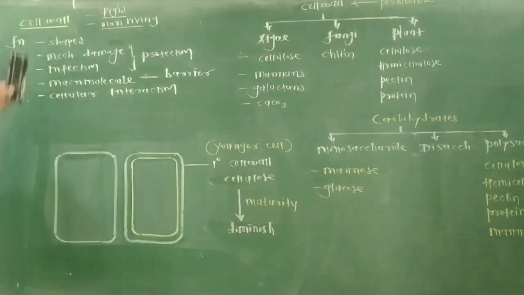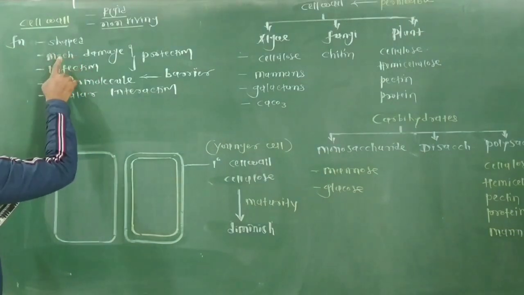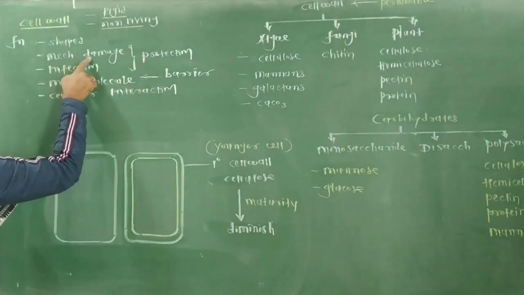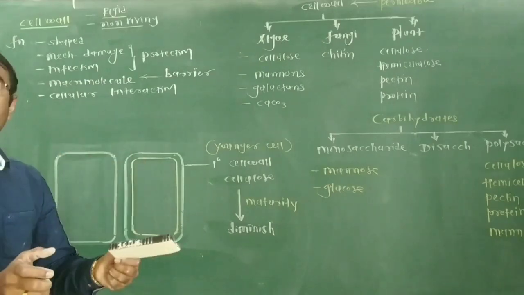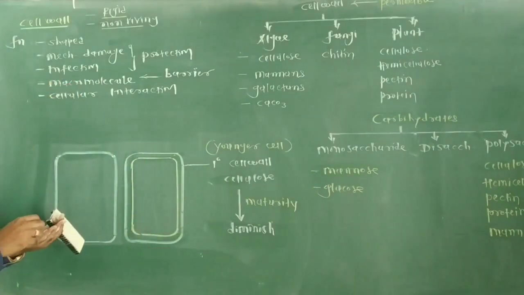Now, what is the function of cell wall? Cell wall gives shape to the cell as well as protection from mechanical damage like breaking and bursting. Protection against infection.